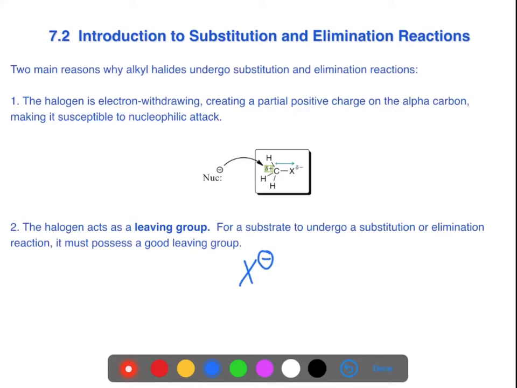For a substitution or elimination reaction to occur, it must have the potential for a good leaving group. And by definition, a good leaving group is a stable conjugate base. We can relate back to our section 3 to identify what characteristics give rise to that type of stability.